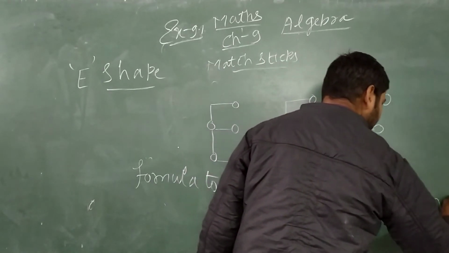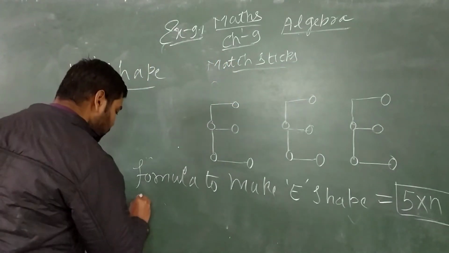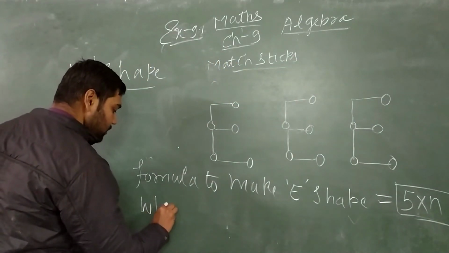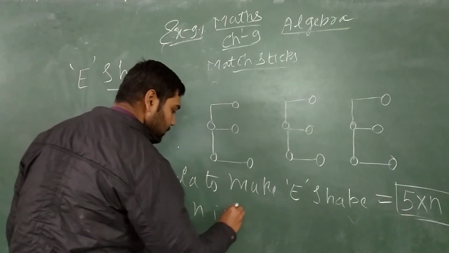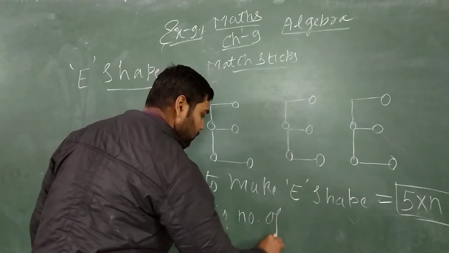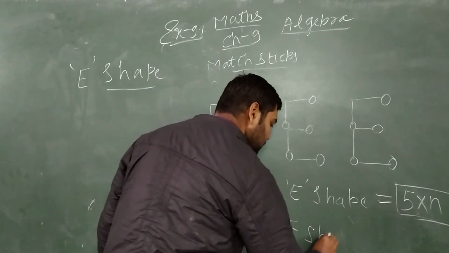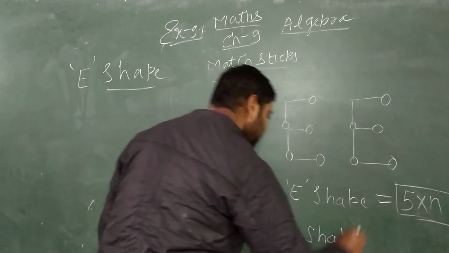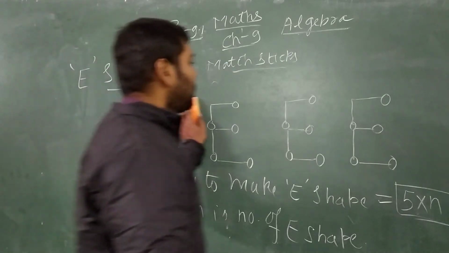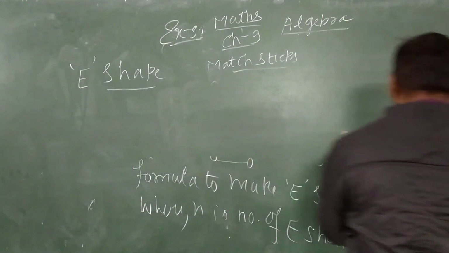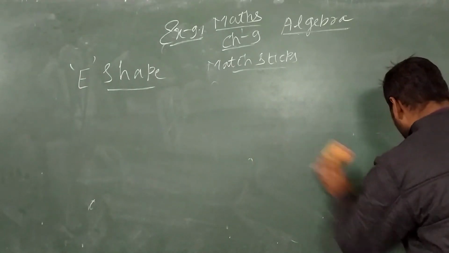The formula is 5 into n, where n is the number of E shapes. Okay, does everyone understand? 5 into n is the formula to make the E shape. Let us take one example for the E shape also.